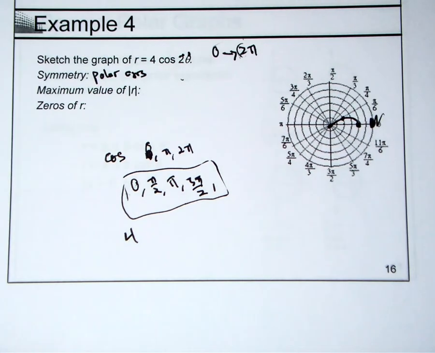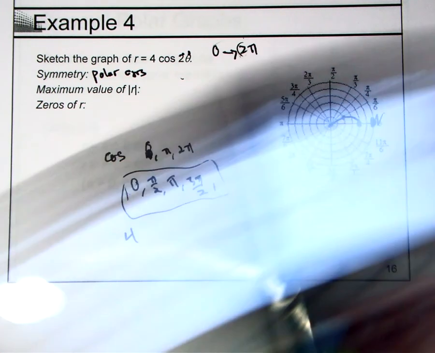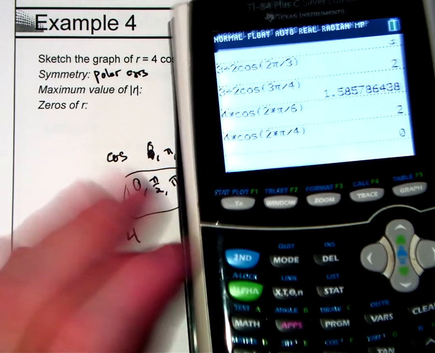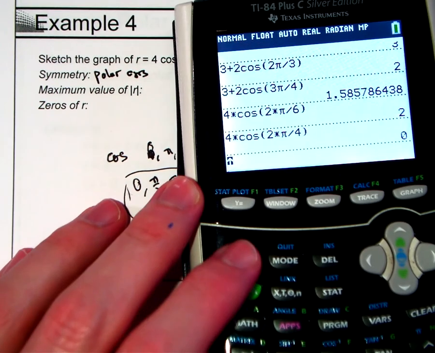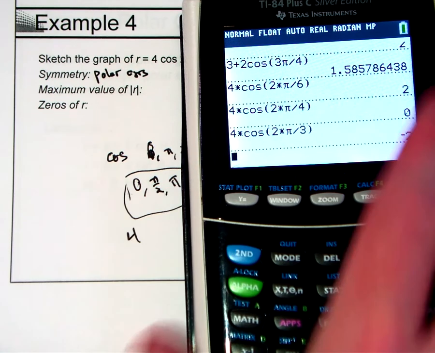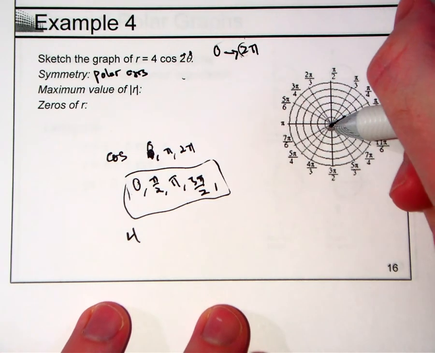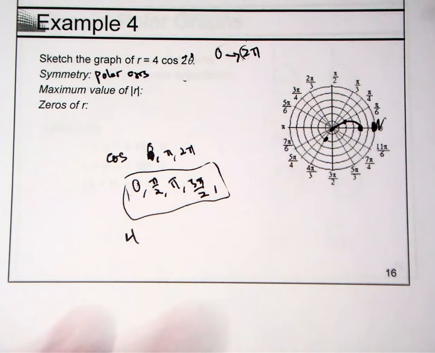So we've gone through there. Let's do the next one, pi over 3. Two times pi over 3, negative 2. So here we are, negative 2, 1, 2.